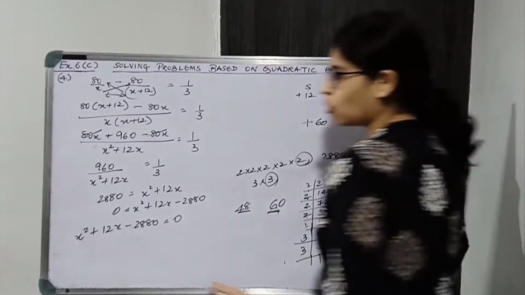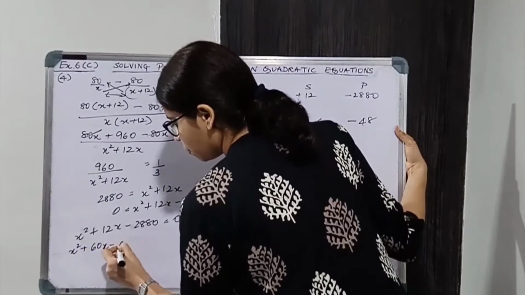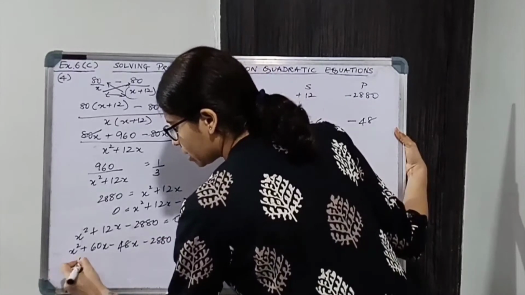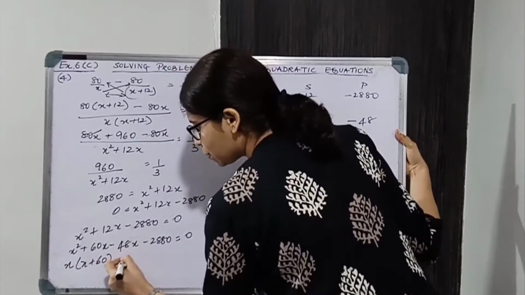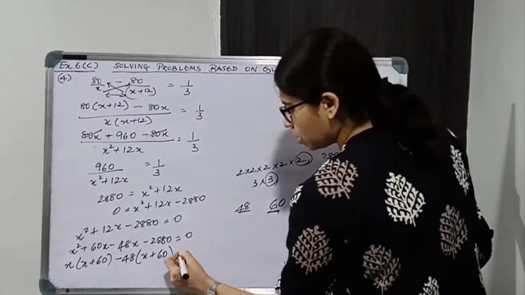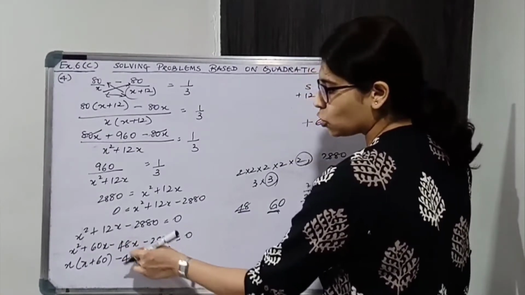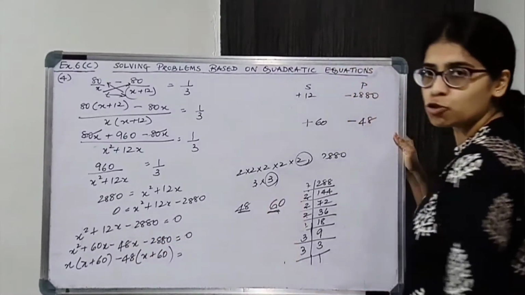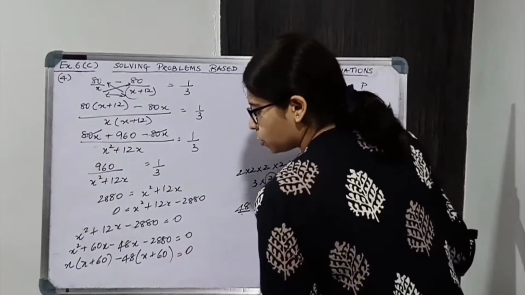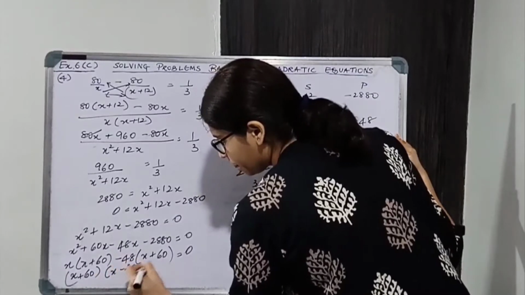Okay, so splitting the middle term: x square plus 60x minus 48x minus 2880 is equal to 0. Taking x common, x plus 60; here taking minus 48 common, we are left with x plus 60. Okay, signs will change: these 2 are negative, both become positive. Okay, 48 goes outside, x remains. And 48 into how much will give you 2880? We just found 48 into 60. Okay, is equal to 0. So x plus 60 into x minus 48 is equal to 0.